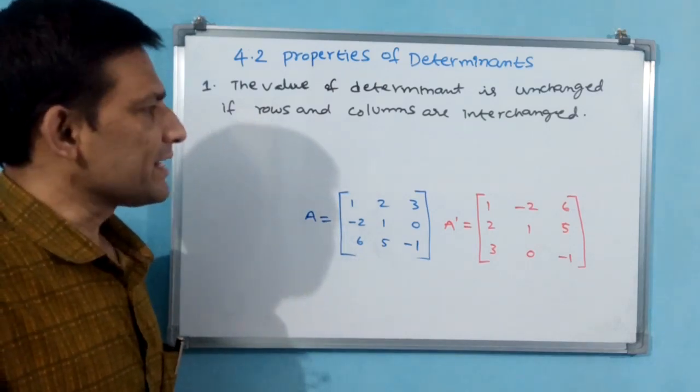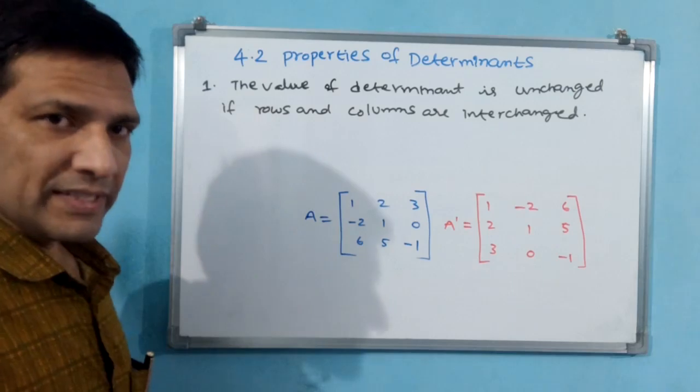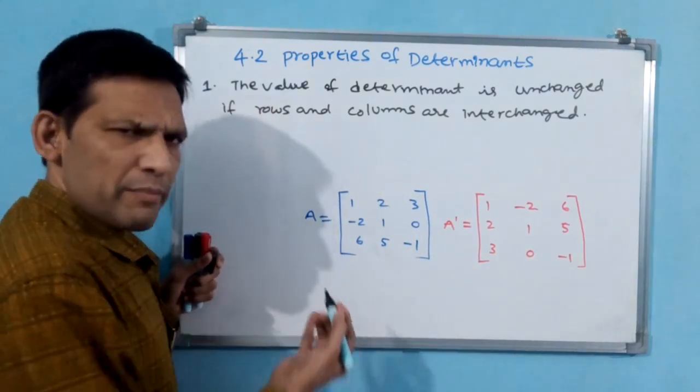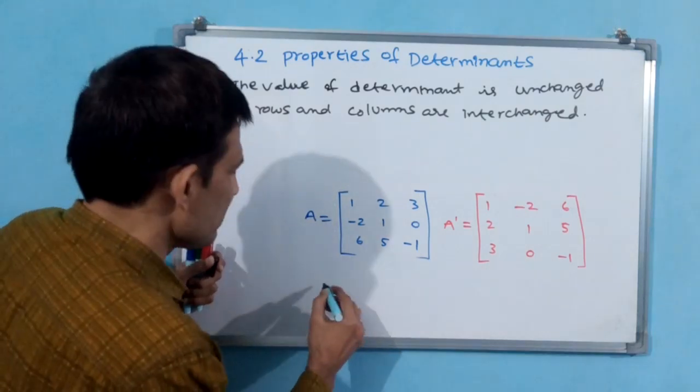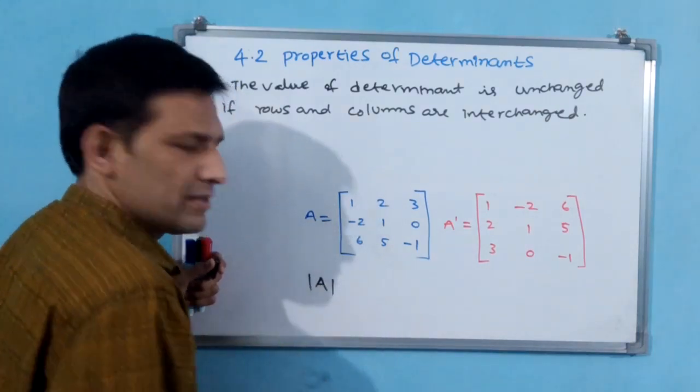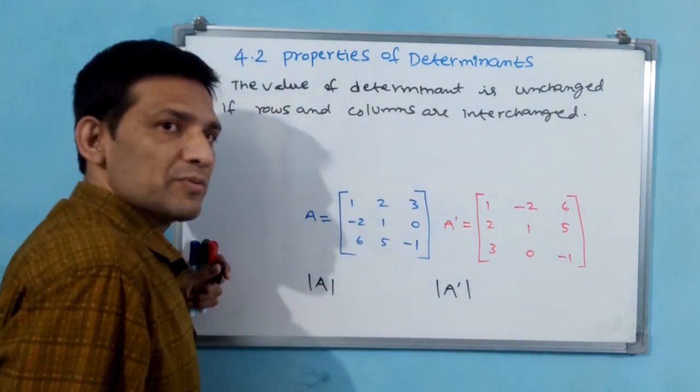Normally from a matrix we make a determinant, you know very well, or else they will give the determinant directly. You see here, this is determinant A, this is determinant of A transpose.